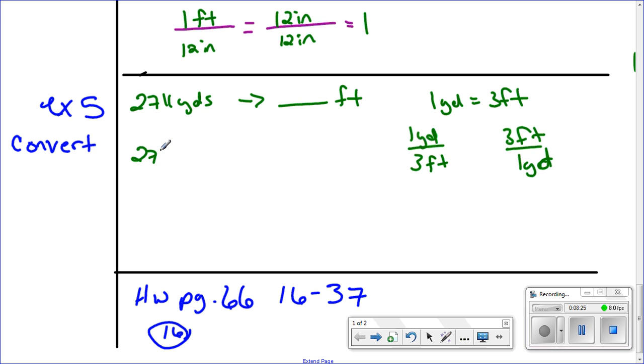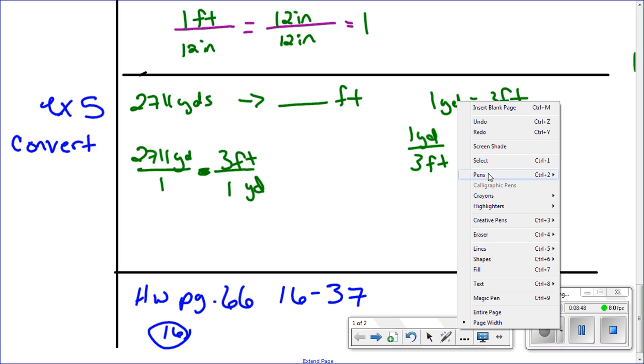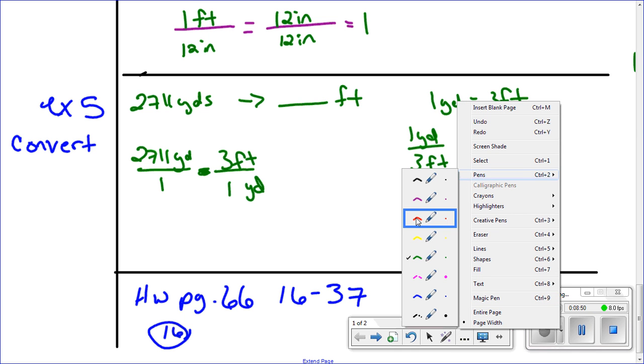Since we're wanting to convert this many yards, and this is a whole number, that means it's over 1. Since we're wanting to convert yards to feet, I want to have yards in the bottom down here. So I find which one has yards, and I have 1 yard on the bottom and 3 feet on top.